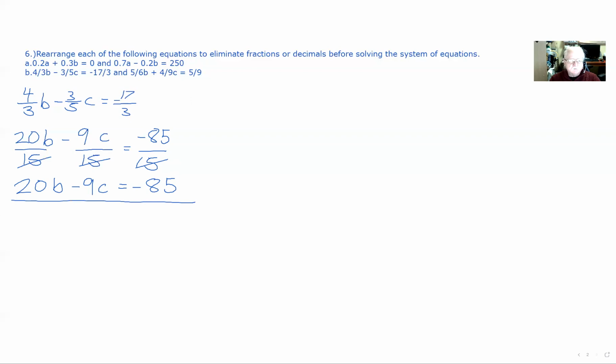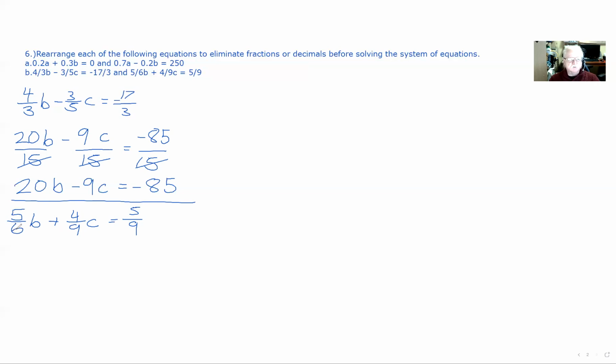So let's do the same thing for the other equation. What have we got? 5 over 6b plus 4 over 9c equals 5 over 9. So what can we do here?